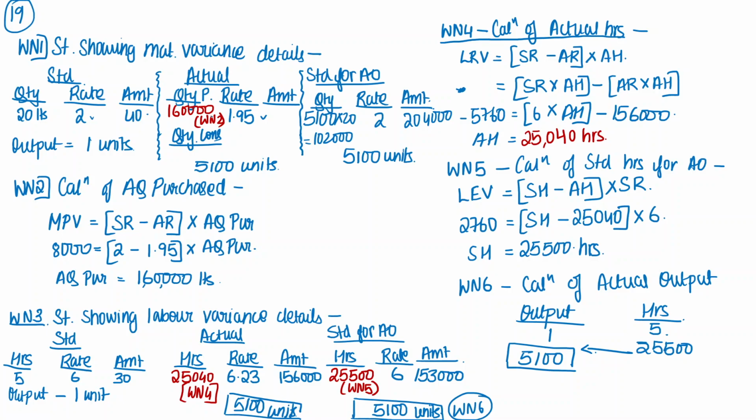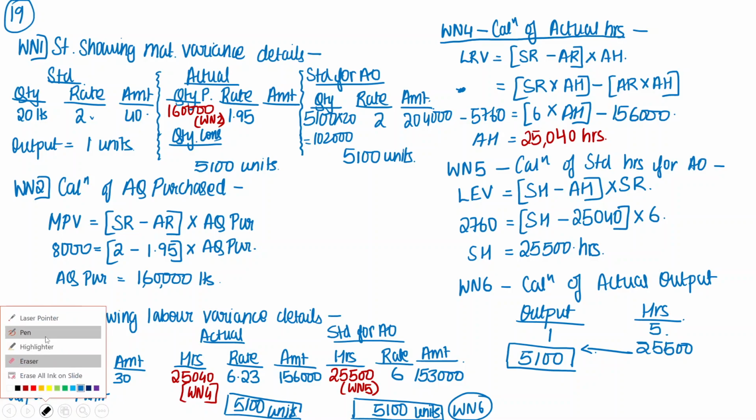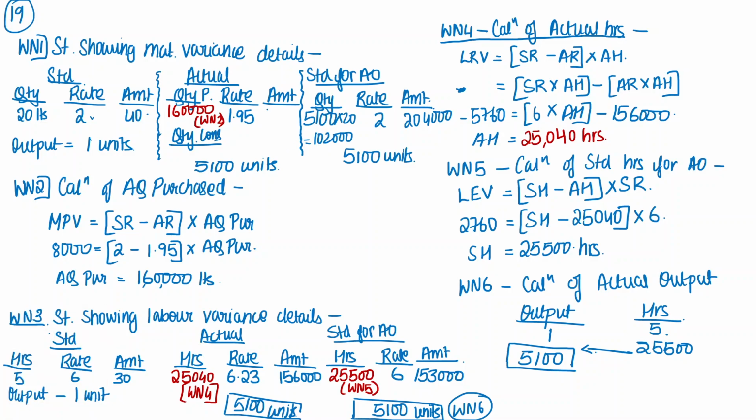Ocha, you can complete this also. 1,60,000 into 1.95 amount. The purchase quantity is 1,60,000 and the rate is 1.95. 3,12,000. There is only one thing missing now. That is quantity consumed. Now what will you do?